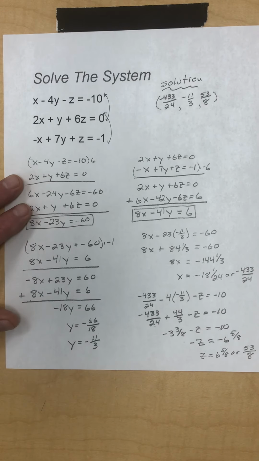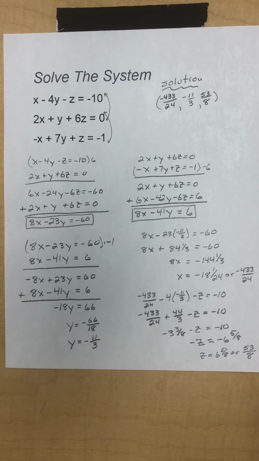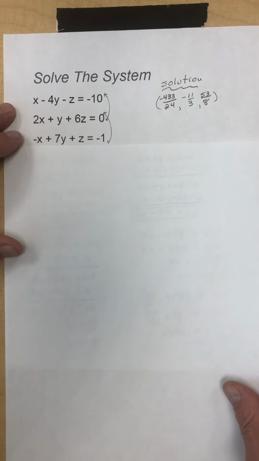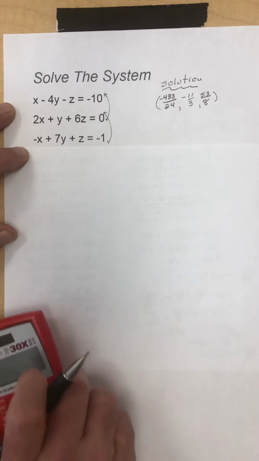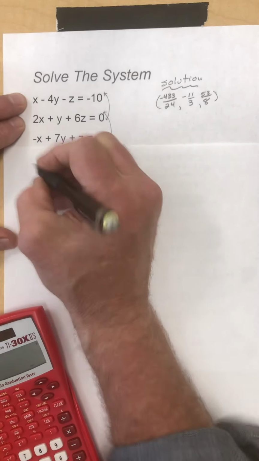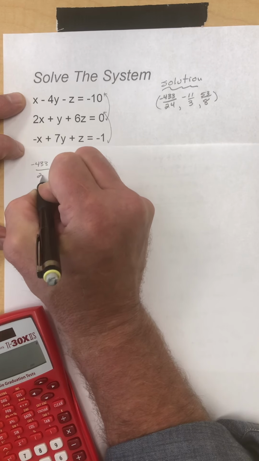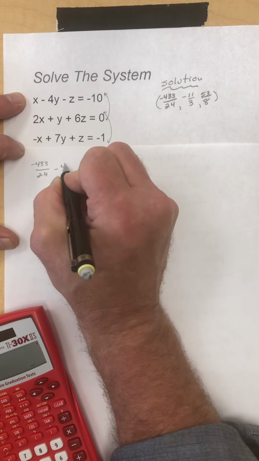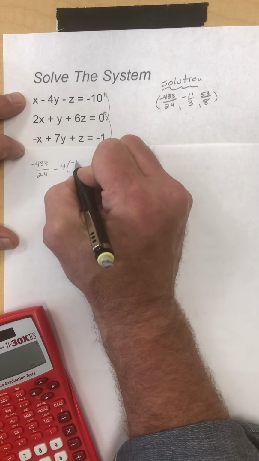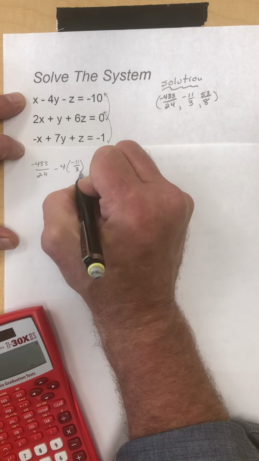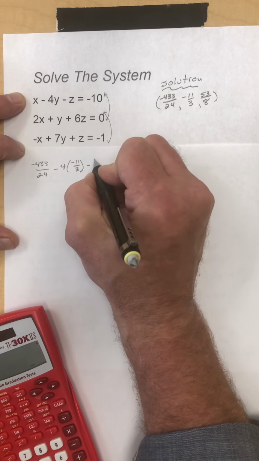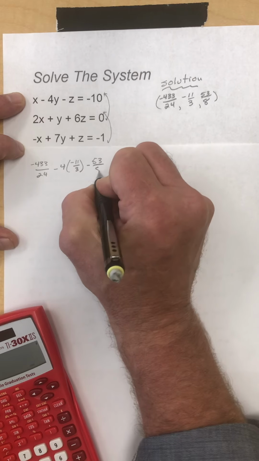Now, all the other ones we worked on came out to integers and stuff like that. So this is a perfect example of one where you might want to say, I'm not sure about that, so let's go check it. So we check the first one. That would be negative 433 over 24 minus 4 times negative 11 thirds, minus 53/8.